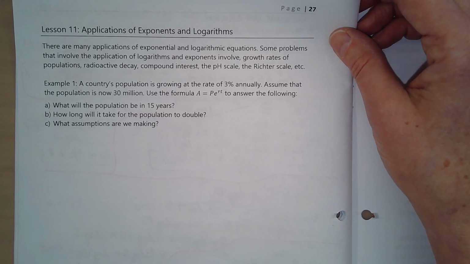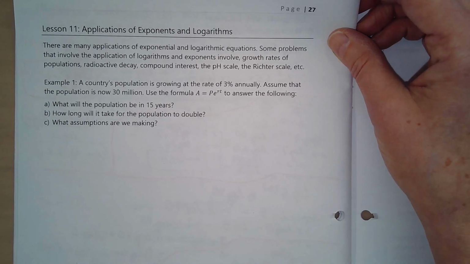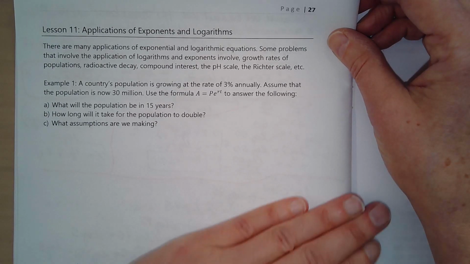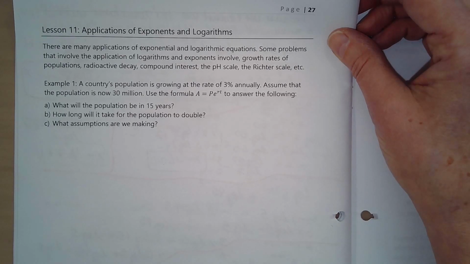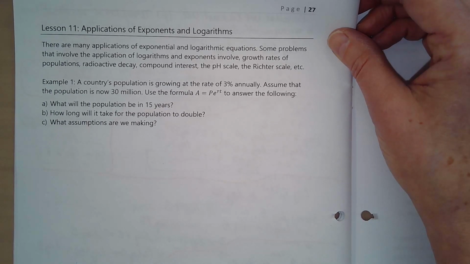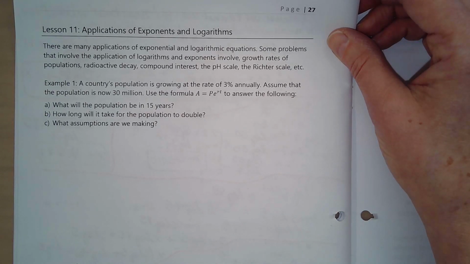A country's population is growing at the rate of 3% annually. Assuming that the population is now 30 million, use the formula A equals Pe^(rt) to answer the following. What will the population be in 15 years? How long will it take for the population to double?